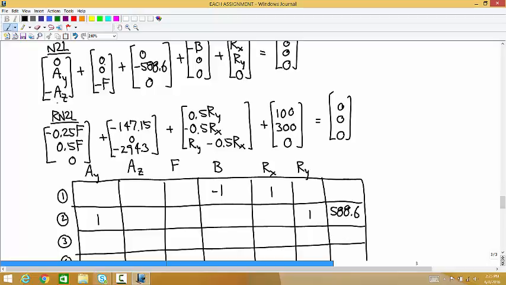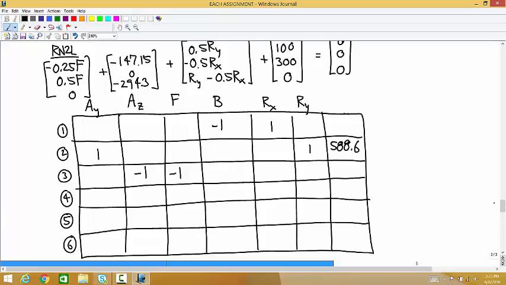For the third equation, Az, we have -1. F, we have -1. Everything else is 0. Fourth equation, F's, we have -0.25. Ry's, we have 0.5. And the constants, we have positive 147.15.